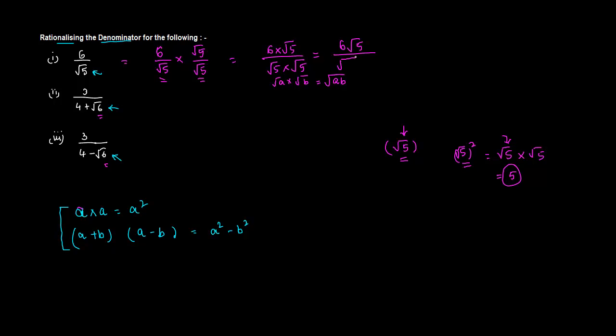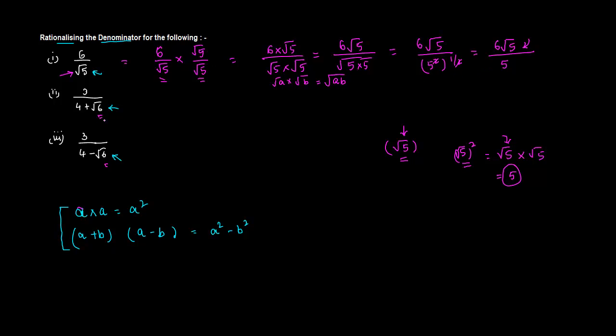So we can also write this as root 5 into 5, or 5 square to the power 1 by 2, which is nothing but these two will cancel out itself, and you will get 5 over here. 6 root 5 upon 5. So what we have done is that we have removed this root 5 from the bottom and took it to the top.